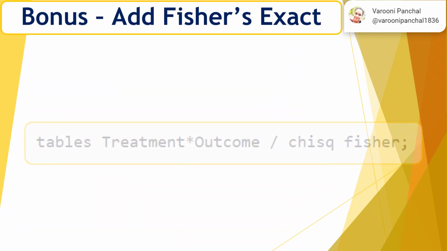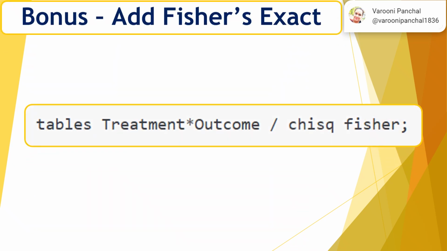Now the bonus here is adding Fisher's exact test. In the earlier PROC FREQ there is a TABLES statement. When you perform treatment * outcome / chi-square, along with the chi-square you can also give the FISHER option, so that you get both results.